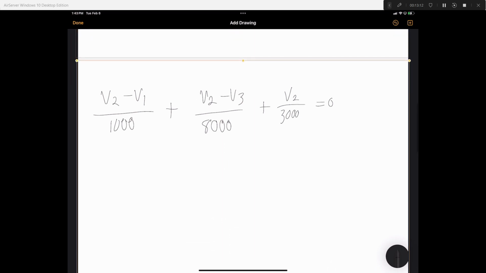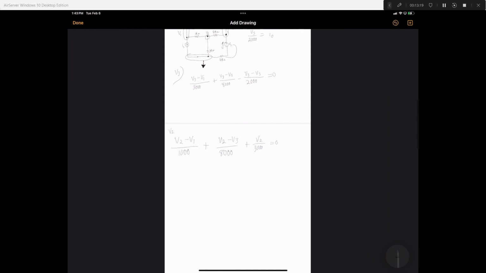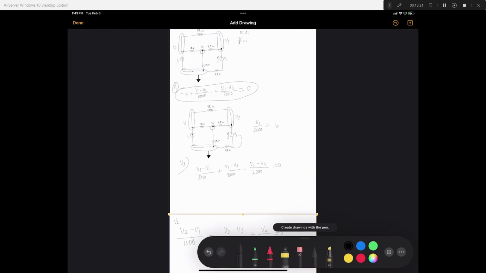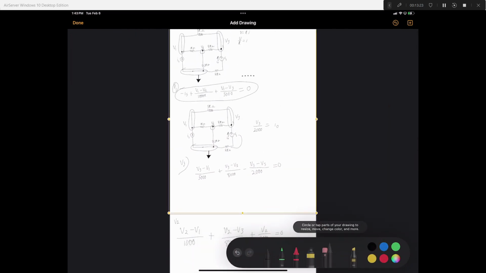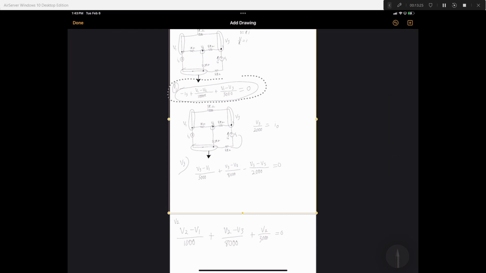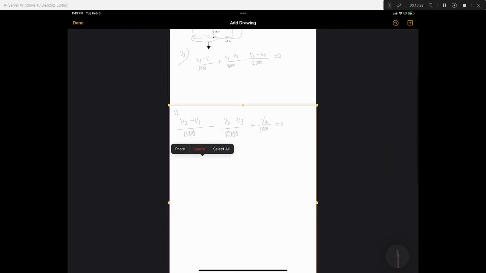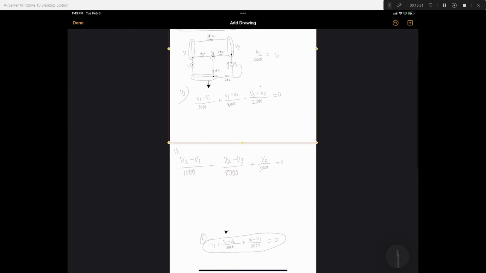This is the second node, right? I'm going to copy and paste the other nodes down real quick. Copy, paste, copy, paste.